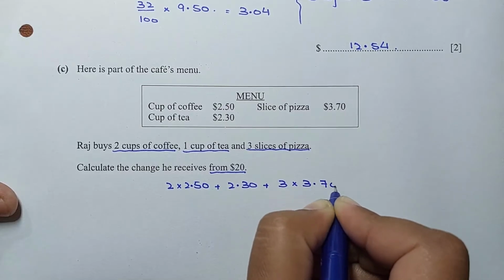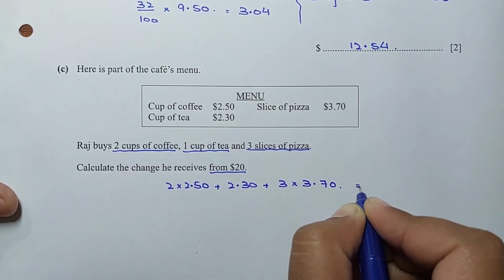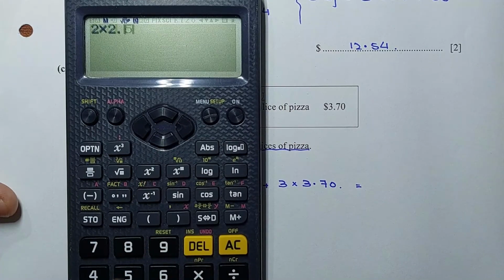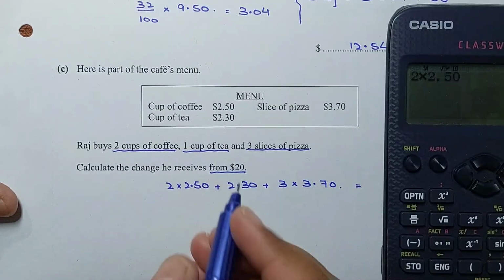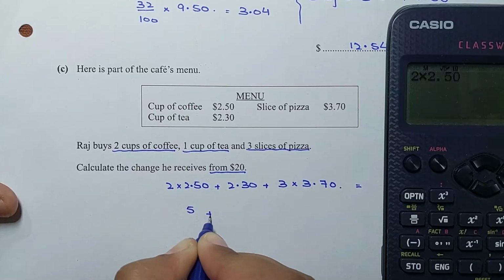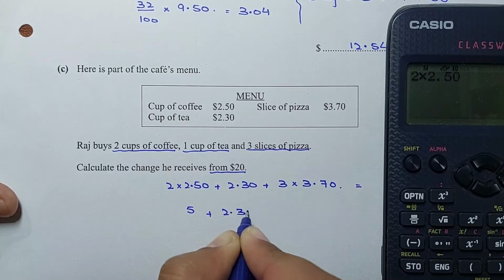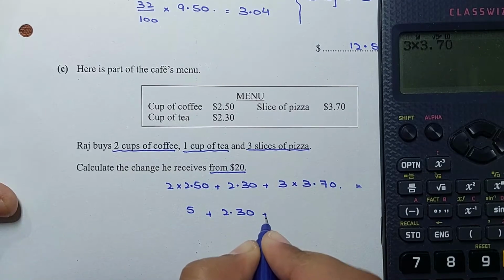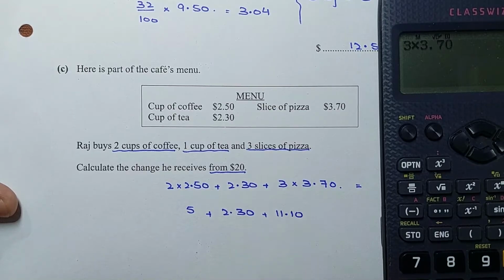3.70. Let me calculate the total first. So this is 2 times 2.50, this is 5, plus $2.30, and 3 times 3.70, which is 11.10. All right.